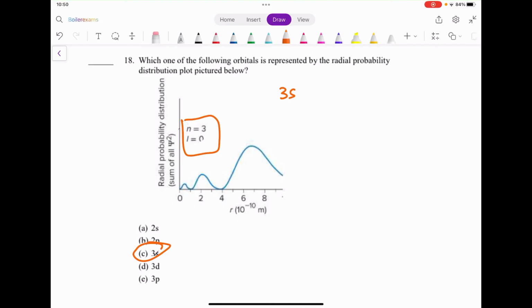These are in the book. But just to point out, I know there are 2 nodes, and that for the s orbitals, you will always have n minus 1 number of nodes. So if you have 2 nodes, I know I'm in the 3rd energy level. But perhaps you don't need to know this, and you just read the quantum numbers.